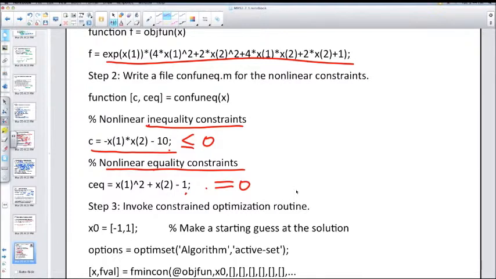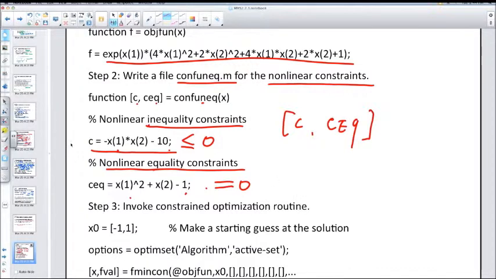So in this case, we need to write a function for the nonlinear constraints in this form. And you need to write these two differently. That's the constraint, because in this you have two return vectors.